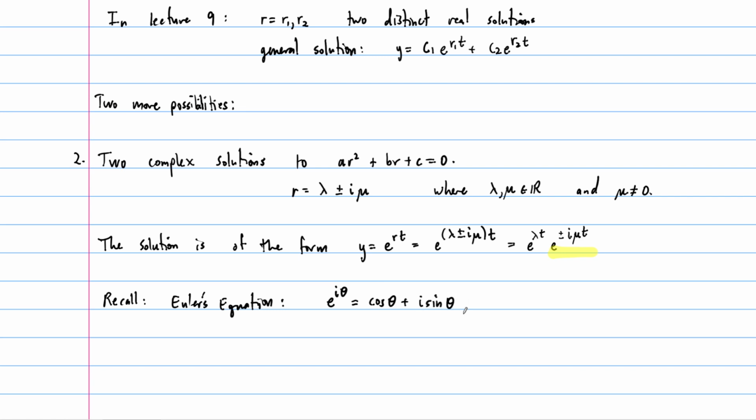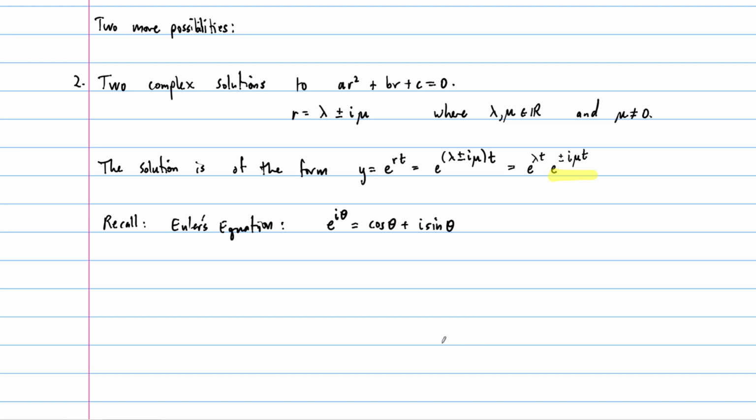All right, so this is something that you should have proved when you studied infinite series in Calculus 2. It can be done by writing the power series expansion for e to the i theta and very carefully separating it into real part and imaginary part, and noticing that the real part of the power series is the power series for cosine, and the imaginary part, with i factored out, is i times the power series for sine of theta.